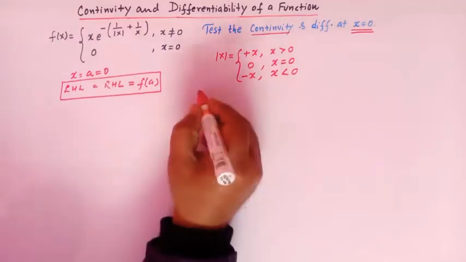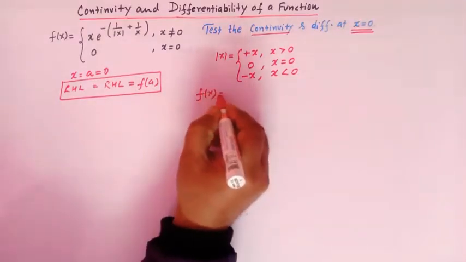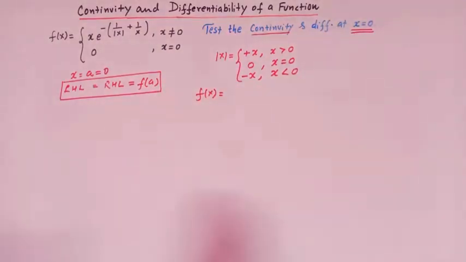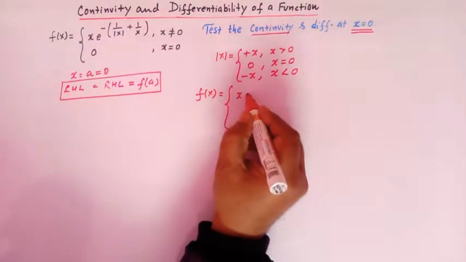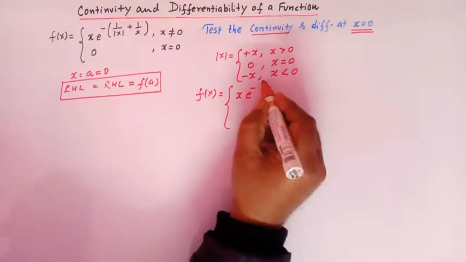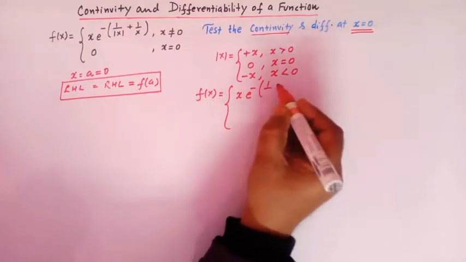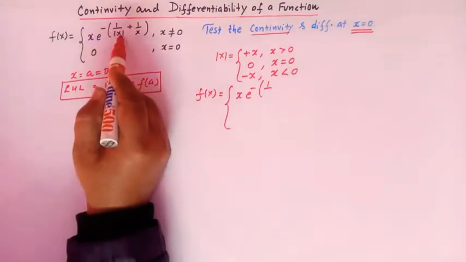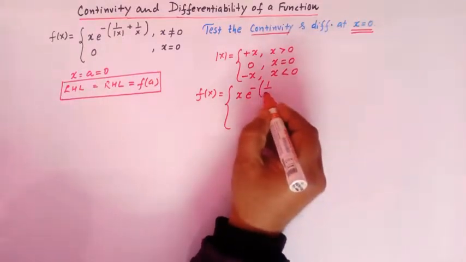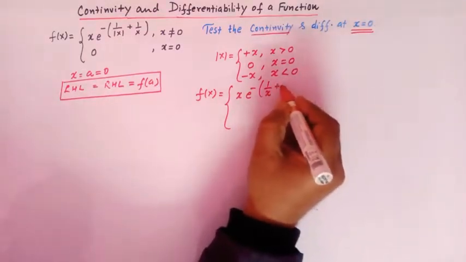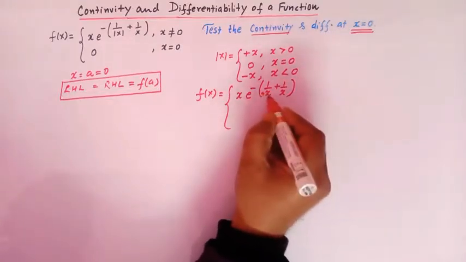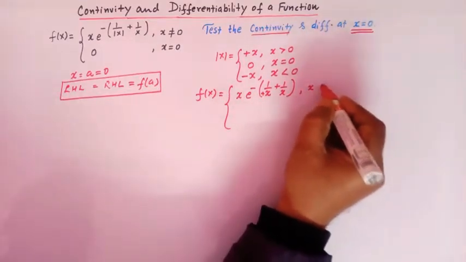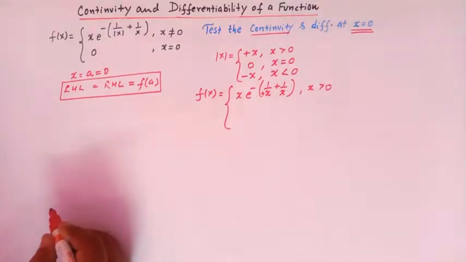So now we can redefine our function f of x as: here we can write x e raised to minus, and for mod of x we can write plus x, and here we have 1 over x. Here we have the positive x whenever x is greater than 0, right?